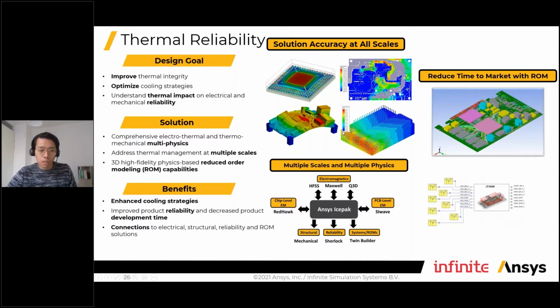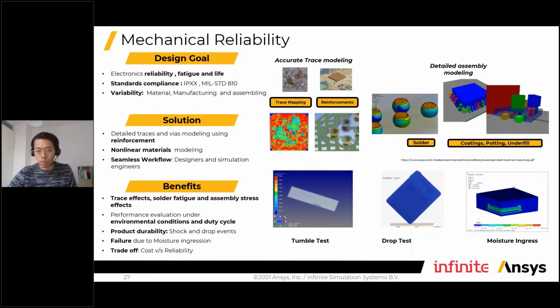So that is the moment that thermal reliability becomes more important, where you want to think about how you can tackle your thermal issues, how you're going to dissipate your heat from a single point, maybe from on top of the chips, towards a more uniform environment.